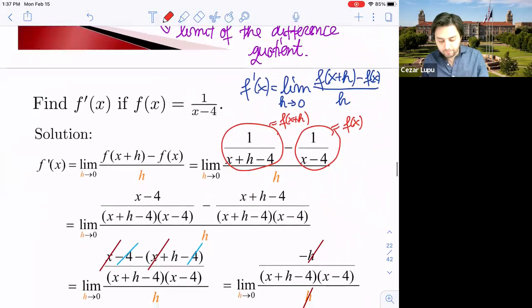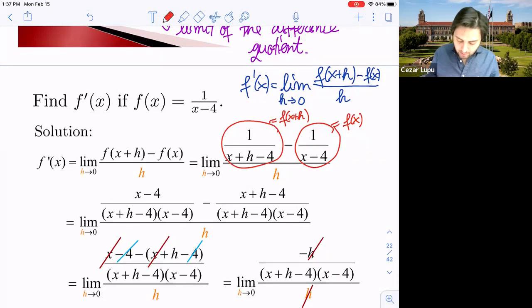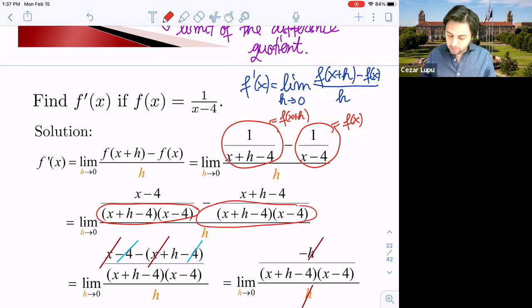And guess what? Some things will just cancel. You see, we have the same common denominator here. I would like you to look at it. Look, this guy here is the same as this guy here. So it's a common denominator.